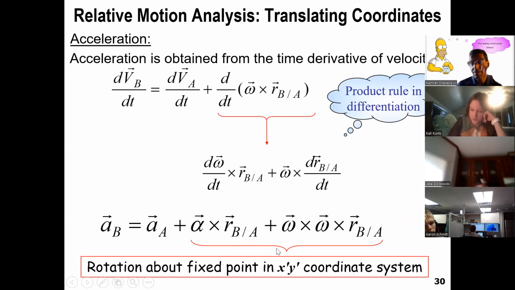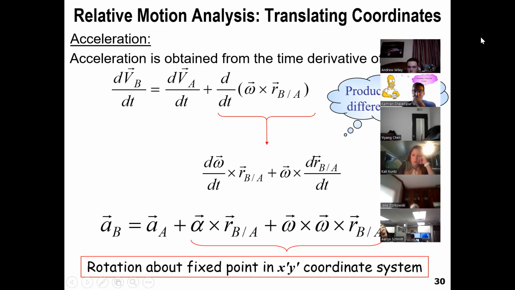This is point A. But if you sit on A, you do not feel the motion of A. All you see is this rotational motion of B about A. Any question? Okay.